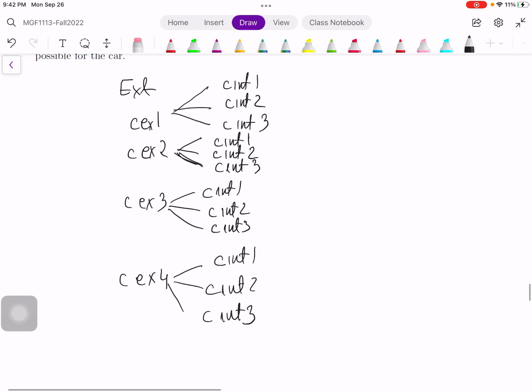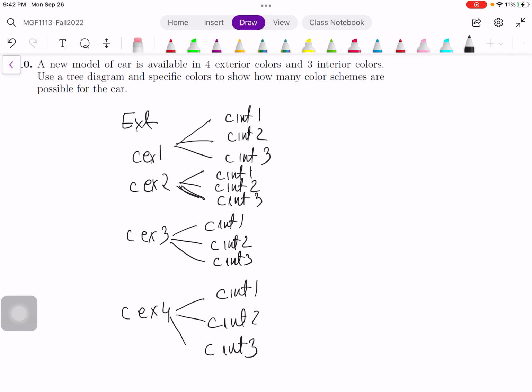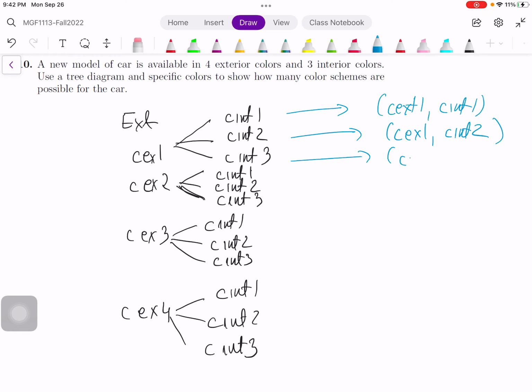So remember, this is a Cartesian product because technically each of these options can be written as a pair. Exterior color 1 with interior color 1. This is exterior color 1 with interior color 2, right? This is exterior color 1 with interior color 3, and so on, right?